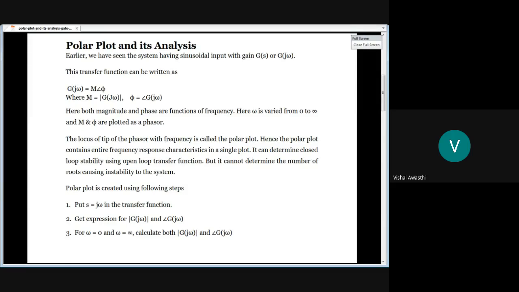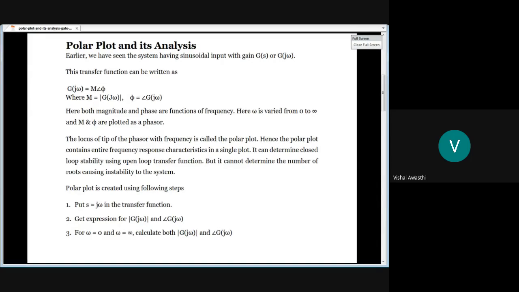After that, whatever your transfer function is, just put omega equal to 0. It means the initial value of frequency, then some middle values of omega. This will give you the magnitude also. And at the final one, omega equal to infinity.